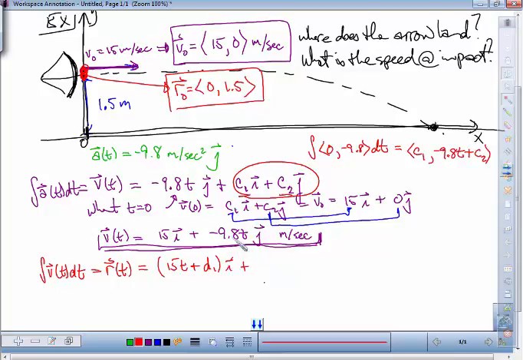And then the antiderivative of negative 9.8t should be, what is it, 4.9? And there's no constant, but there's a 0 there. When we integrate that, we're going to come up with another constant, d2, in the j direction.